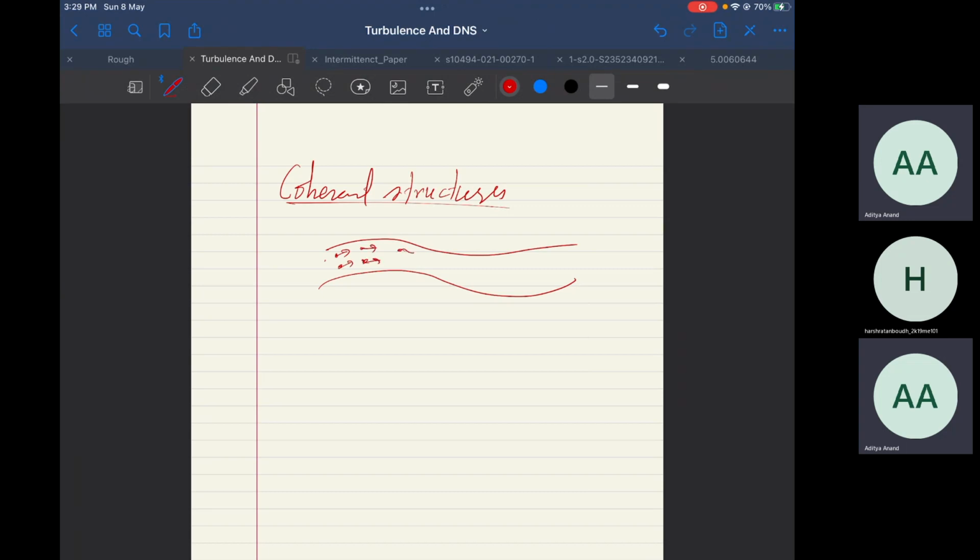But these are defined in an Eulerian way, so these are Eulerian velocities. We had defined the hairpin vortex, and these are again identified using Eulerian quantities. Like if you derive the entropy from the Eulerian velocities and apply a threshold on this, then you might identify these structures. So these are Eulerian constructs.